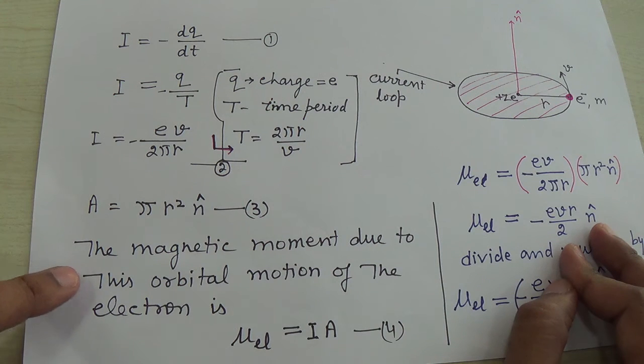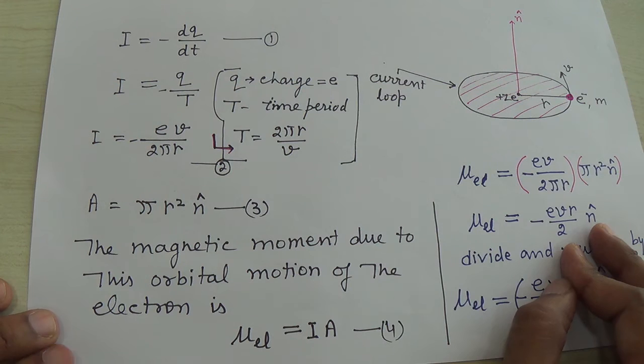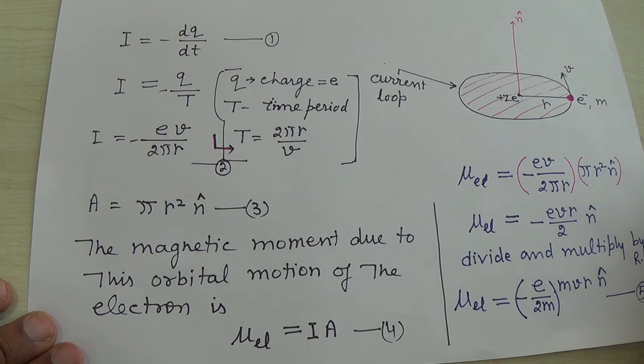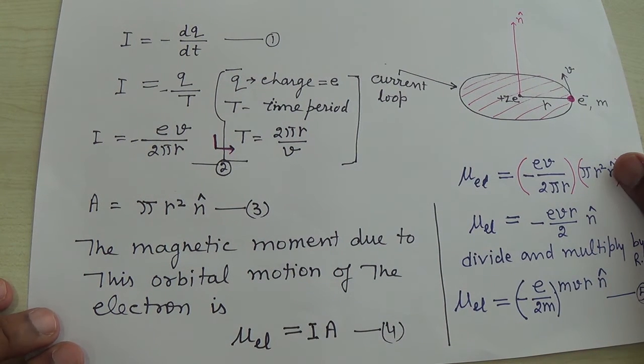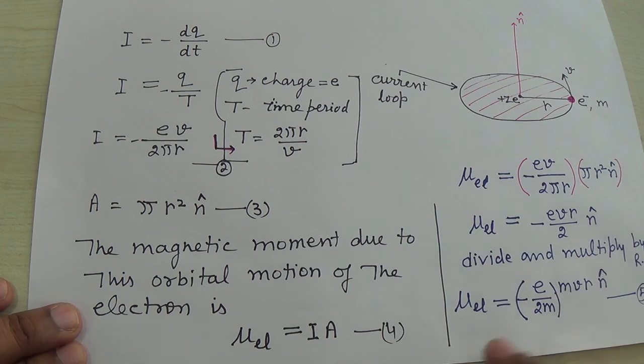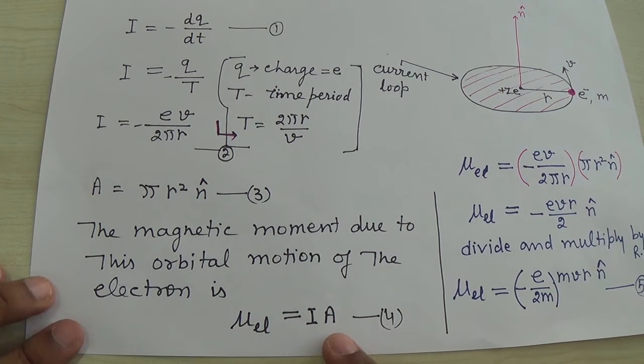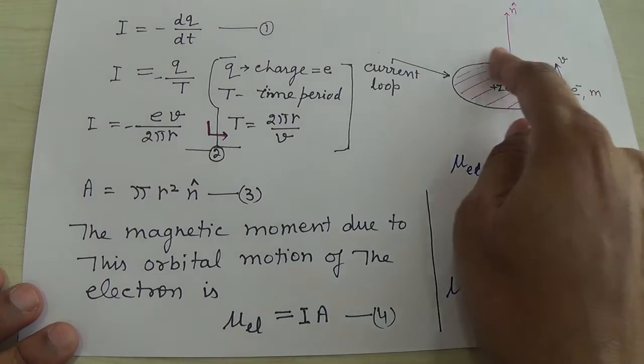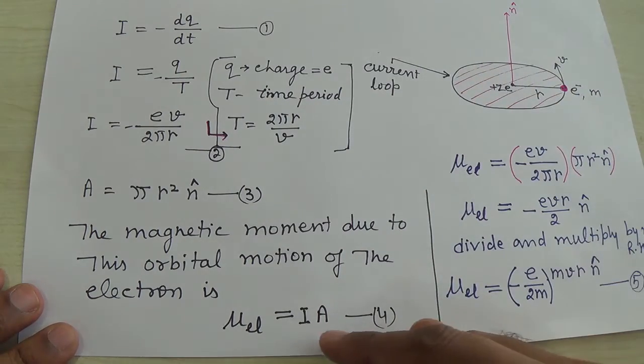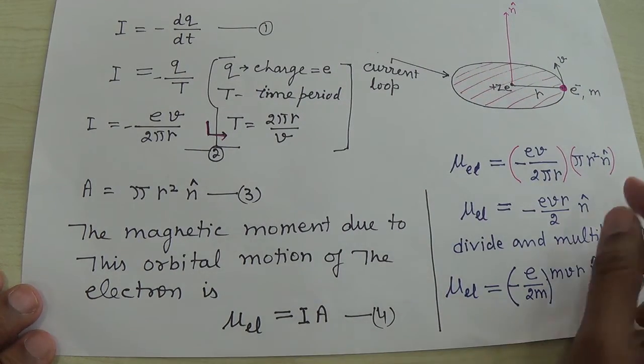So now we have to define two parameters, one is current and second is the area. We know that the magnetic moment due to the orbital motion of the electron is defined as mu_el, where e is the electron representation and L is for the orbital motion. So the magnetic moment due to this orbital motion of the electron is equal to I into A, where I is the current flowing and A is the area of the loop.